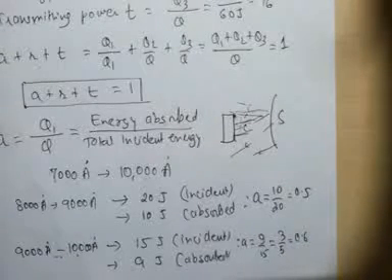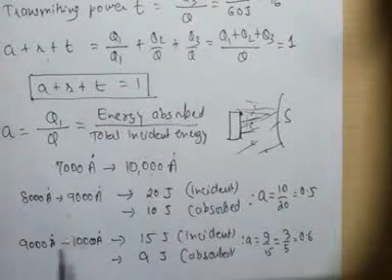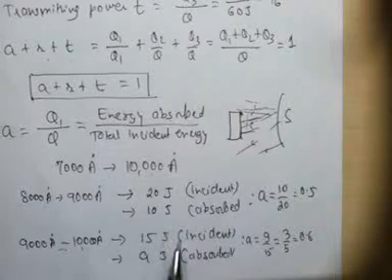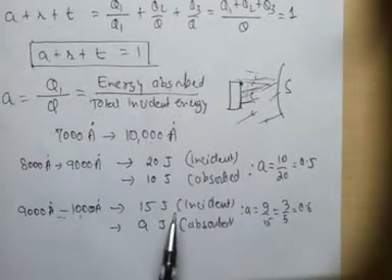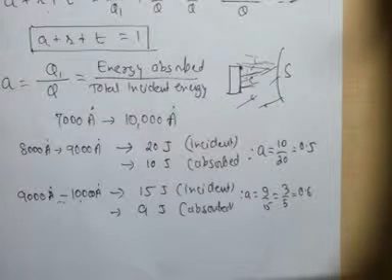Right? So we can see here that the value of A for different wavelength ranges is different. So it is not necessary that the value of A is constant. Its value keeps on changing for different wavelength ranges.